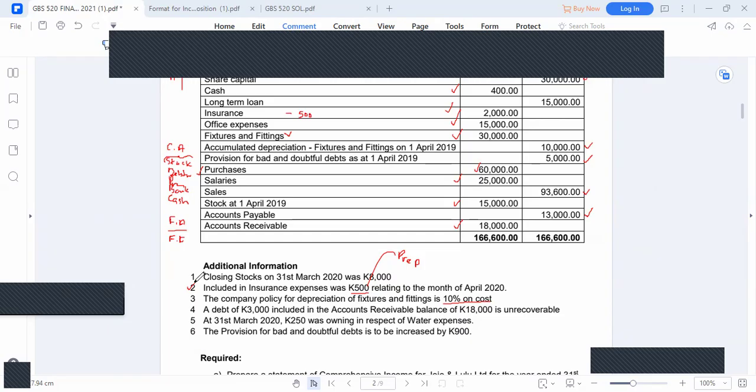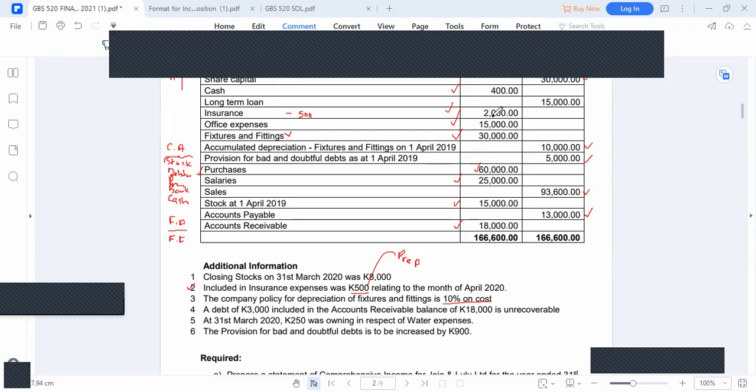Okay, and then the other leg will be posted as a prepayment, prepaid insurance expense on the current assets. Okay. So we are going to reduce it according to the accruals concept. We're going to reduce this from the insurance. So this will be 1.5.